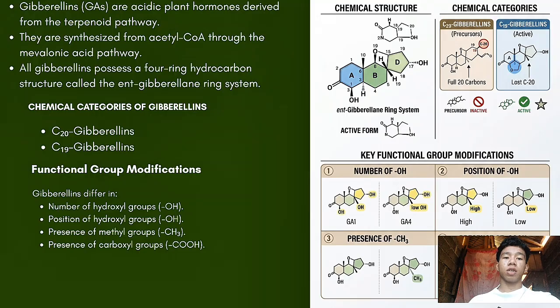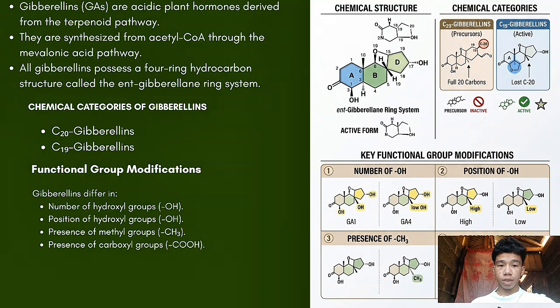Through a series of enzymatic reactions, acetyl CoA is converted into gibberellin precursors and eventually into active gibberellins. All gibberellins share a common four-ring hydrocarbon structure known as the ent-gibberellane ring system. These ring structures serve as the basic backbone of all gibberellin molecules.